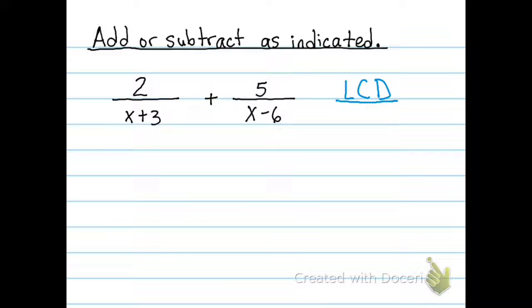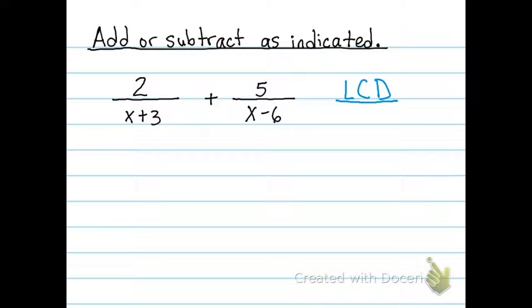Now, what you want to do with these rational expressions to find the least common denominator is to factor each denominator as much as possible. Here our two denominators are x plus 3 and x minus 6. Those two will not factor any further than what they already are.